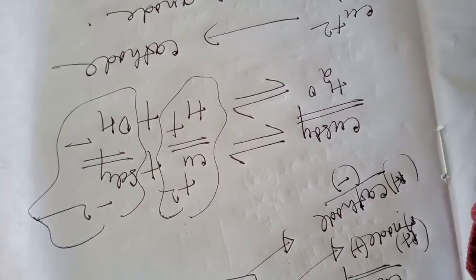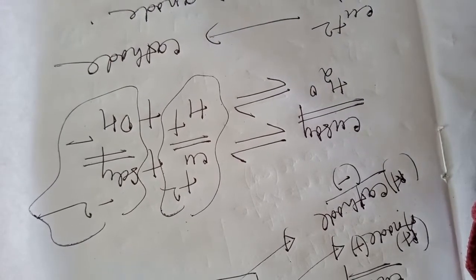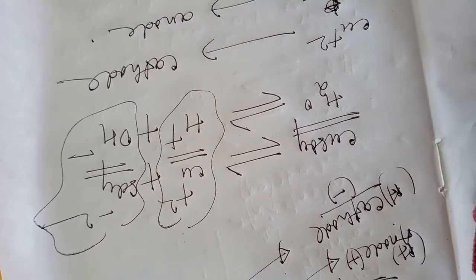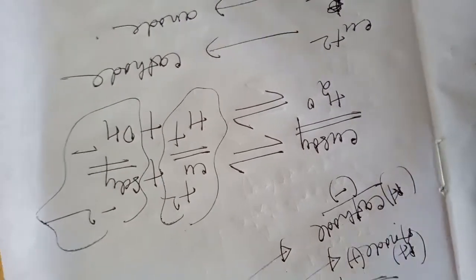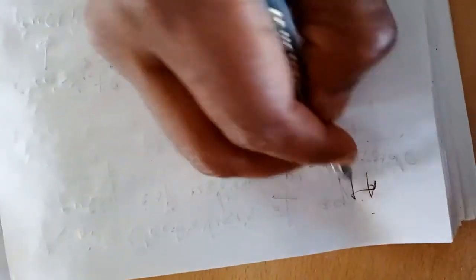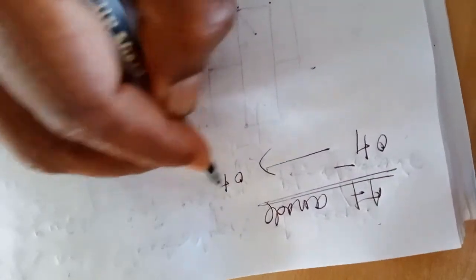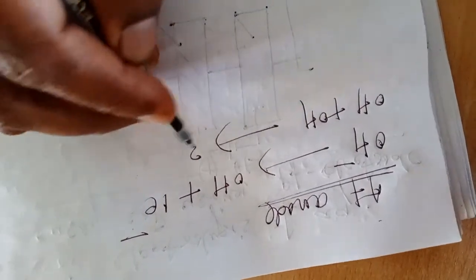At anode, OH minus loses 1 electron to form OH. One OH mixes with another OH to form 2 OH.